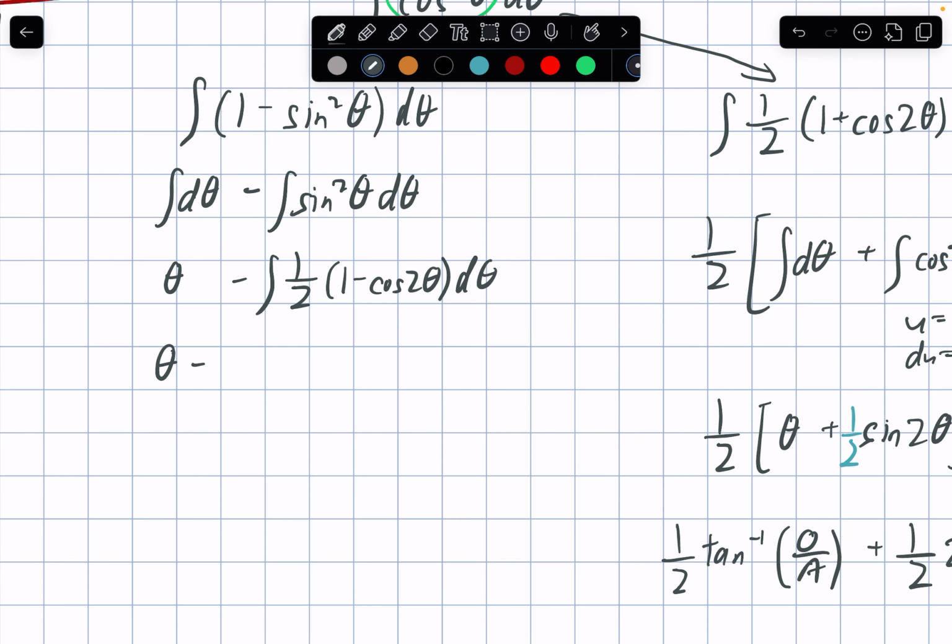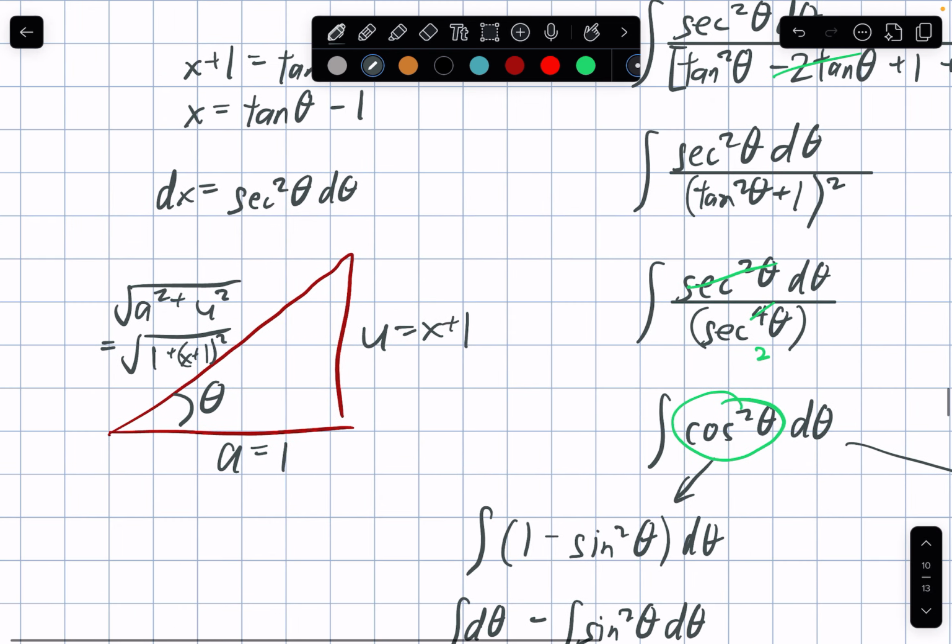So theta minus 1/2. Here we go again. This is case 2, right?